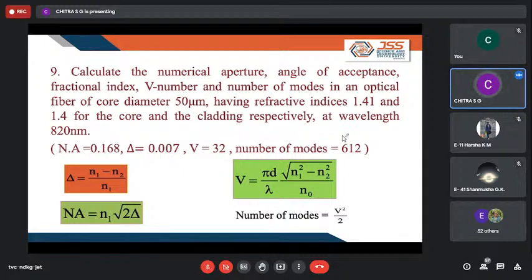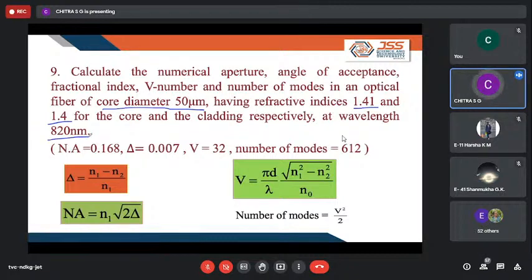As we have done in the previous numerical, with respect to the same thing, first write down what is given. The core diameter is 50 micrometer, convert that into meter, 50 into 10 raised to minus 6. N1 is the core refractive index and N2 is the cladding refractive index. And lambda is 820 nanometer.